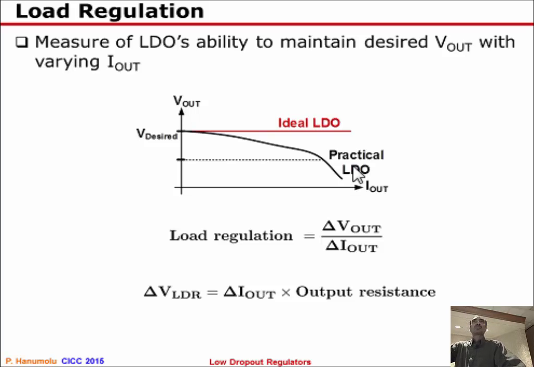So when you wiggle the output current, your output voltage is going to change. By how much will depend on what the output impedance of your LDO is. As a result, you will get some variation in the output voltage as a function of the load current. Ideally, we would want this term to be 0.